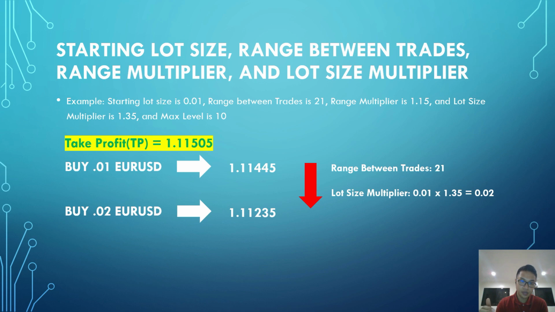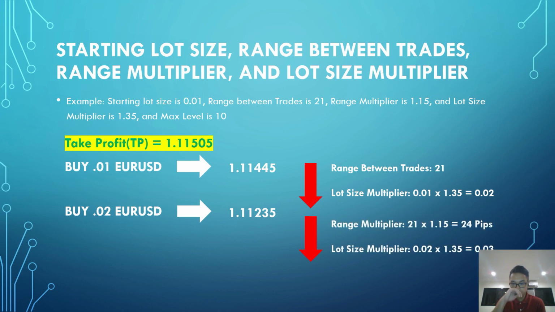So from 0.01, it will order another 0.02, so that the take profit will not be that far from the current orders. So if it continues to go down again, this will be where the range multiplier will be applied.